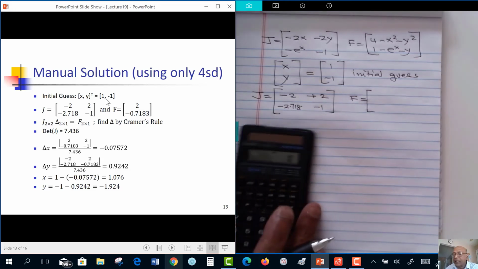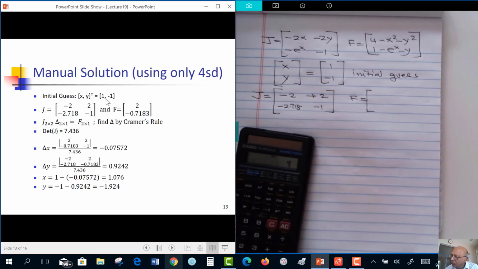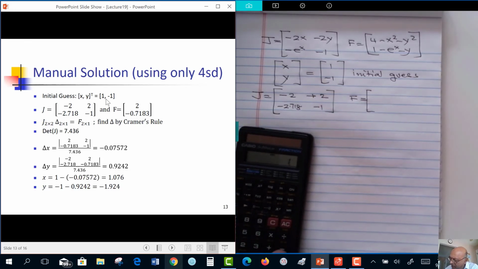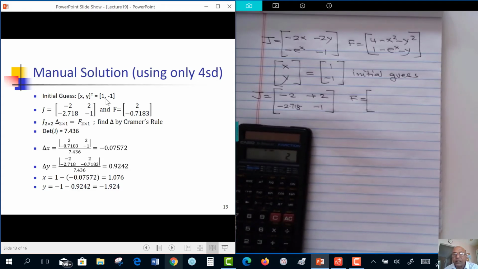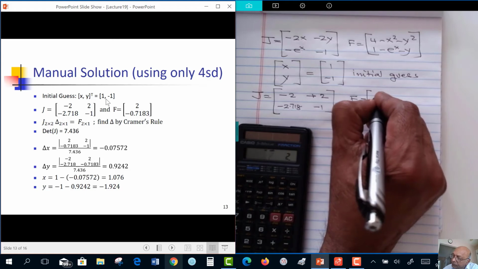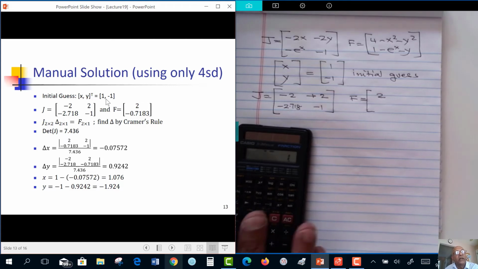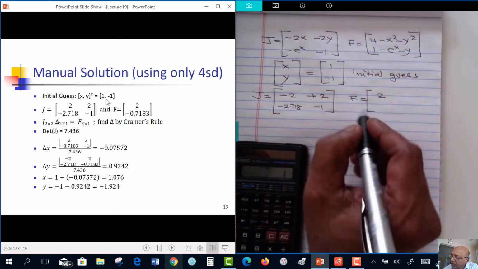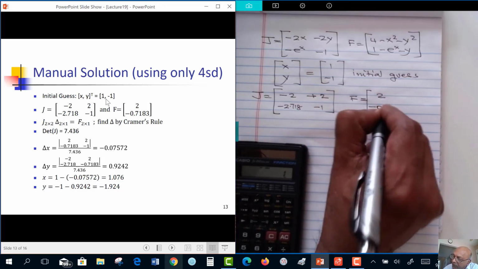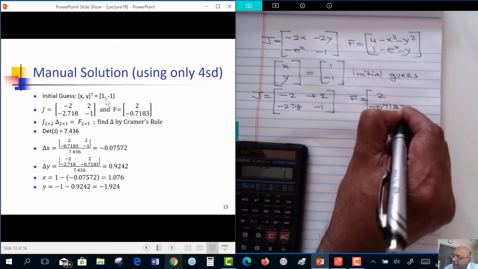So I'm going to use my calculator. 4 minus 1 square minus minus 1 square. So I'll get 2. 1 minus e to the x minus 1, we will get minus 0.7183.